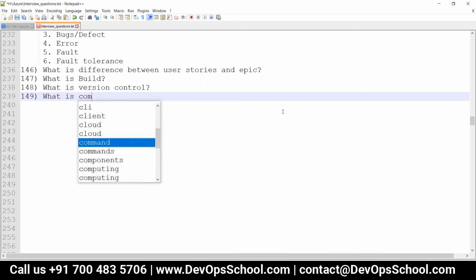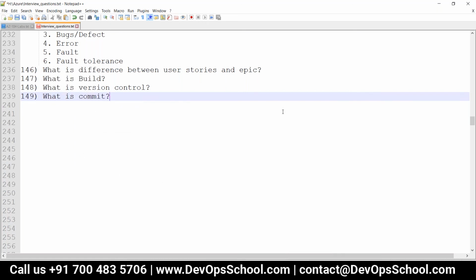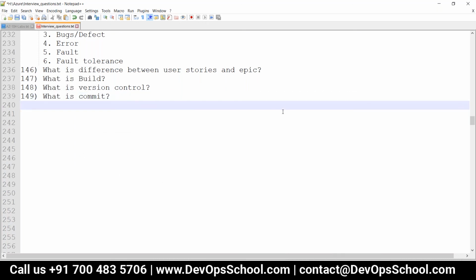We had commit changes into the version control, right? Someone is going to ask you what is commit, you should know. Saving your code changes. Yes, good. It's better now to put all the terminology in one document so that once you go through that, you will not forget anything. Correct? Next, what is configuration in DevOps?